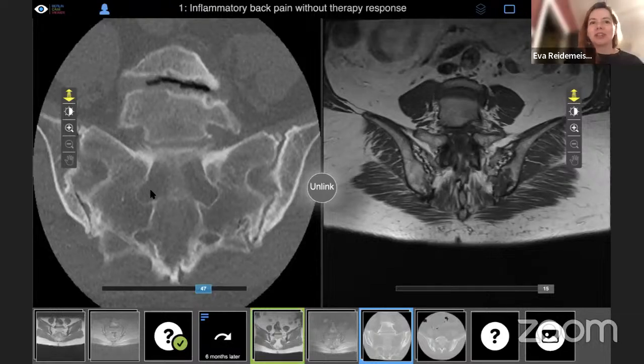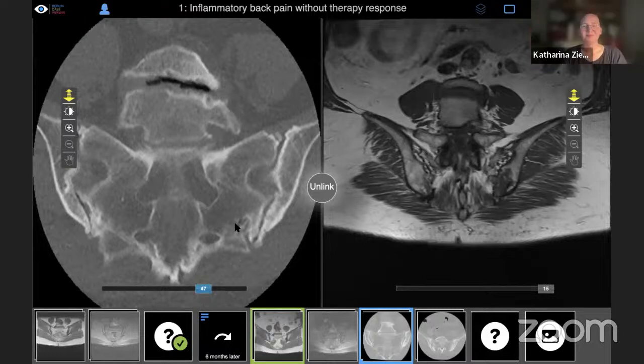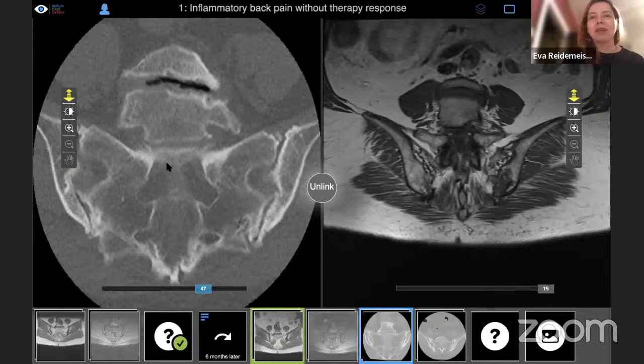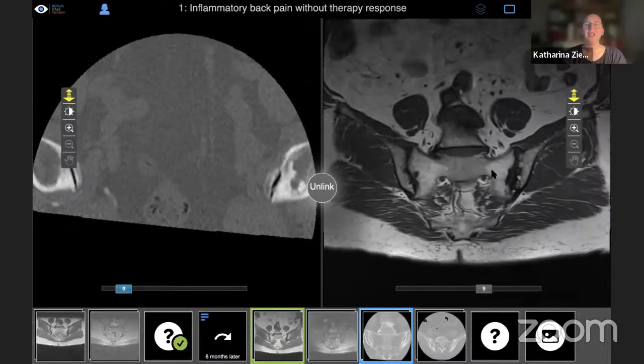So we got a question actually in our Q&A section already. Awesome. How can you recognize sclerosis on MRI? Very good question. Sclerosis is basically bone without any fat marrow left. So this is almost entirely calcified. This is really hyperdense on CT, and that means it doesn't really have any signal on MRI.